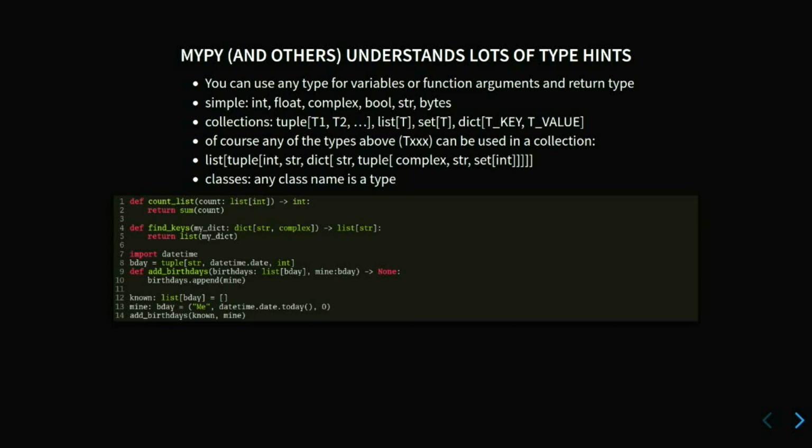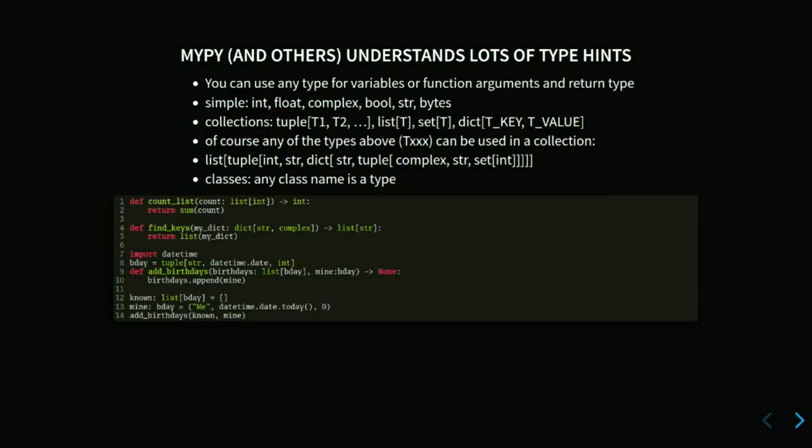And with a dictionary, we have a type for the key and a type for the value, and they can be different. And of course, any of those types can be inside a collection, so you can start to have types inside types. But it reflects the code we write, and that's the key thing. If the machinery wasn't up to the code that we write, nobody would use it.